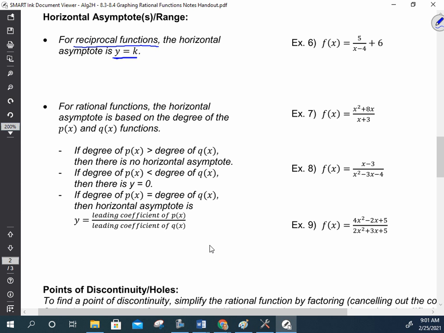Where is the k value? K is the number behind the fraction. So in example 6, f of x equals 5 over x minus 4 plus 6. There's the number behind the fraction. So your horizontal asymptote is y equals 6.